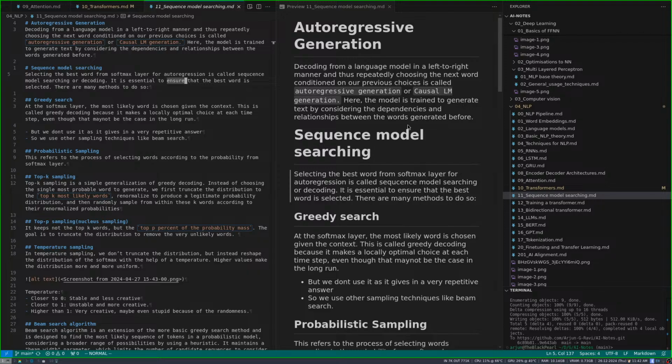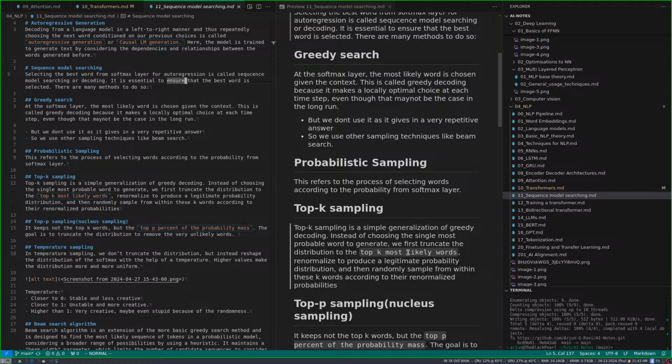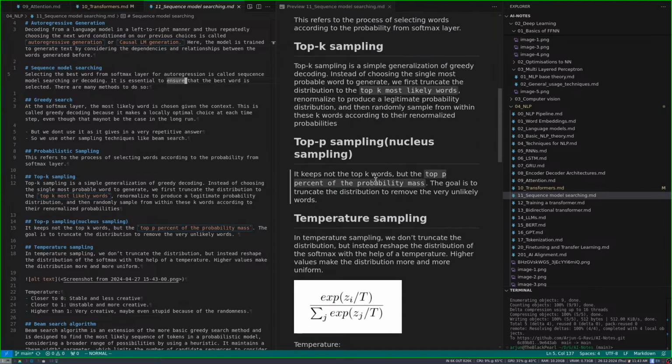Text is generated using the previously generated text and everything in the context, right? It is autoregressive generation. We generate like this, searching for the best word. We can do greedy search, probability search, top-k sampling, top-p sampling, and temperature sampling.